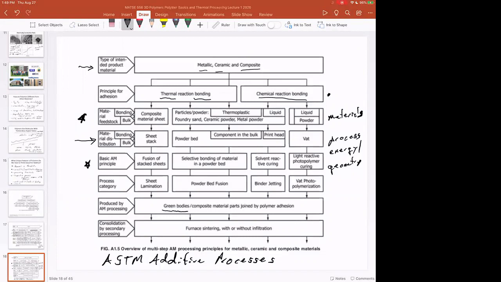And so we can also say we could have a green body that's a metal. So a powder bed fusion part might be fused, but it doesn't have its final properties yet because it hasn't been high temperature isostatically pressed, or it hasn't been hipped, or it hasn't been finished, or something like that. So this idea of a green body, and I'll just write that down, usually means a part that's been shaped, but it hasn't been post-processed.